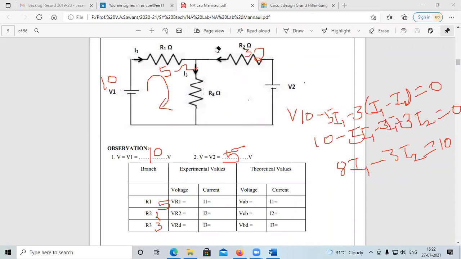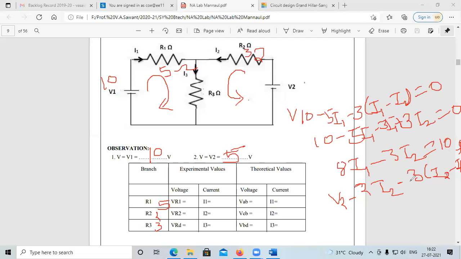The current given in this loop is I2, in the anti-clockwise direction, as given in the circuit. Apply KVL: V2 minus 2 into I2 minus 3 into (I2 minus I1).